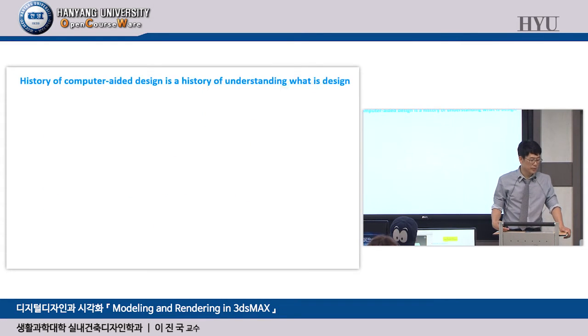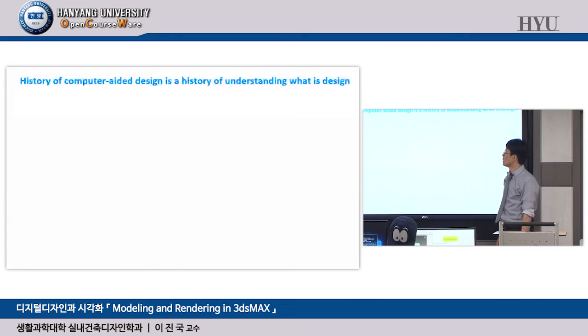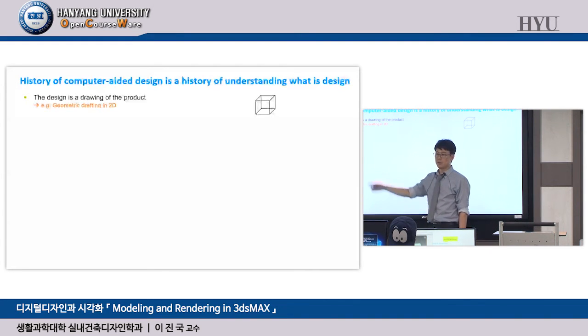Let's briefly take a look again at the history of computer design. The history of CAD is a history of how to understand design. What is design, okay? Around 50 years ago, when Sketchpad, the first CAD system, a line drawing computer system, was invented, at that time, people believed that design is a drawing of the product.